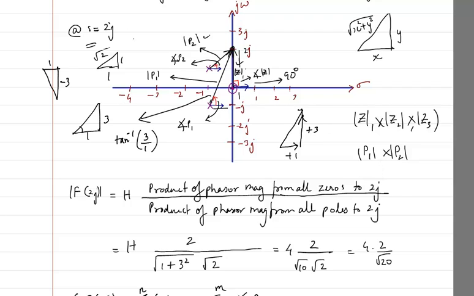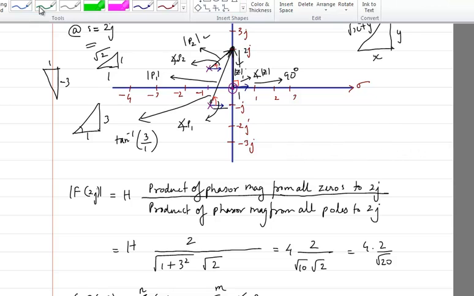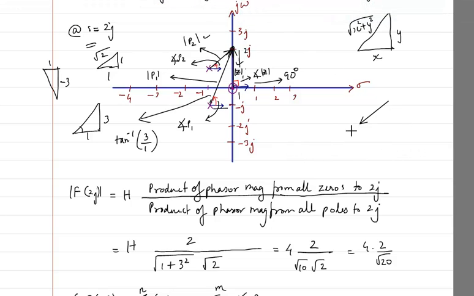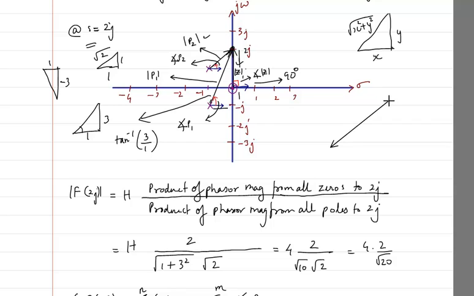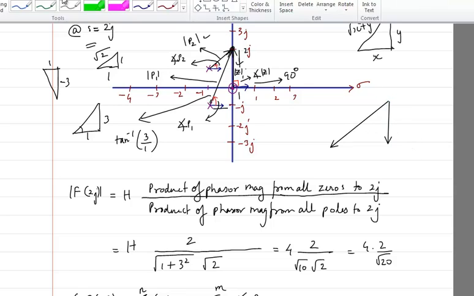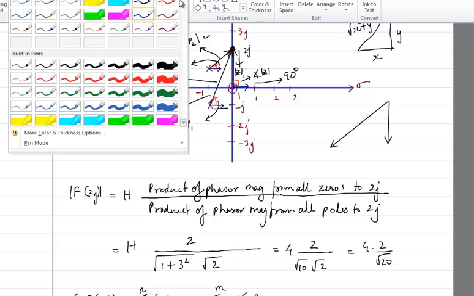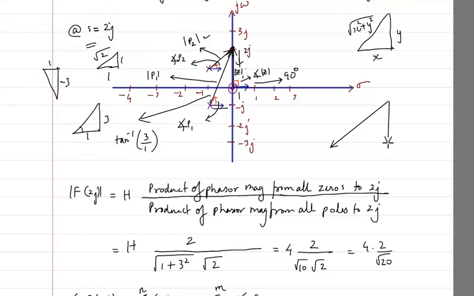If instead I would have drawn the arrow in the opposite direction, then coming from here it is going to be a down arrow, which is a negative value, and similarly a back arrow, which is again negative.